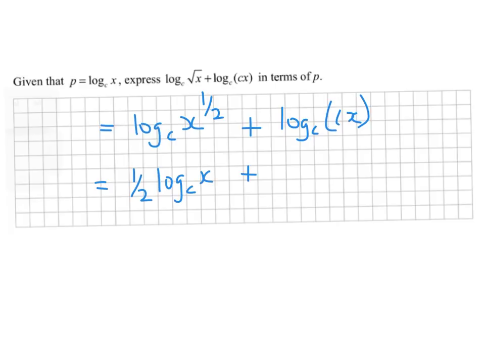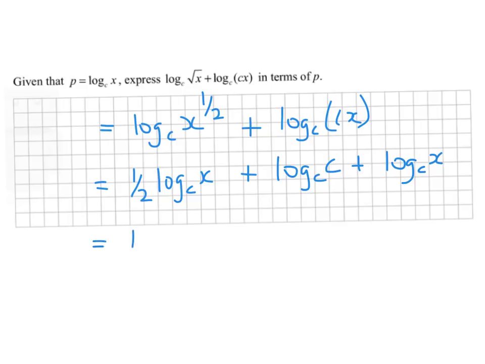plus, what can I do here? Again, I have two things multiplied together, so the laws of logs tell me that that's the same as log C to base C plus log x to base C. Splitting it up in that way. Now I can see, well, what have I got here that I can simplify?